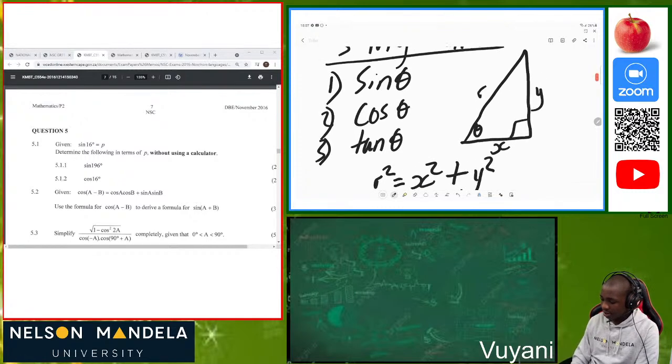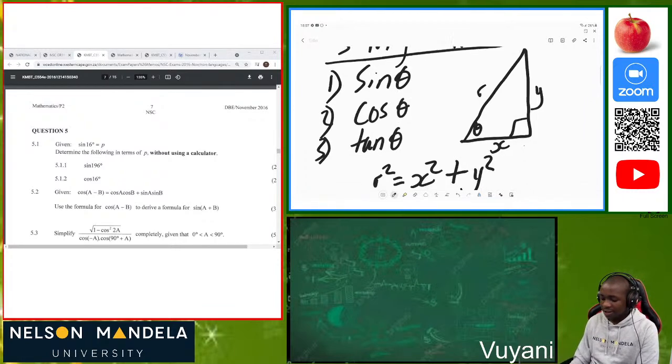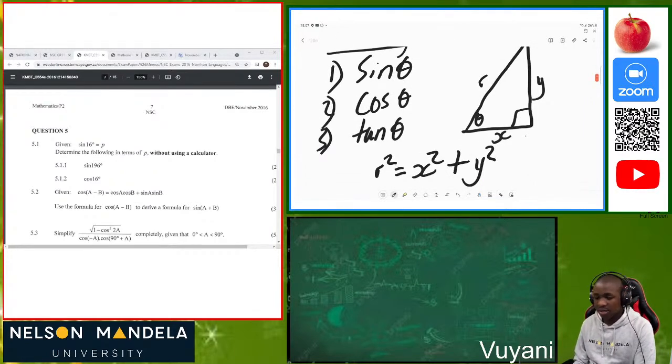We only use the Pythagoras theorem if we have a right angled triangle. You can't use it if you are not given a right angled triangle. So in this case, this is our right angled triangle.